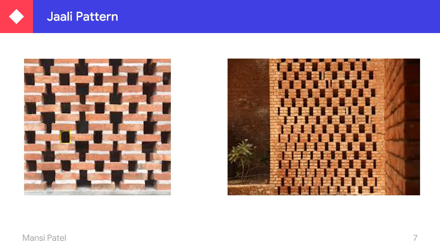From these jalis, air can be circulated, and in our house, in a veranda or in a big space, you can see on the outer side of the house there will be different types of Jaali pattern. So this is some example of Jaali pattern. This Jaali pattern is very helpful for air circulation.